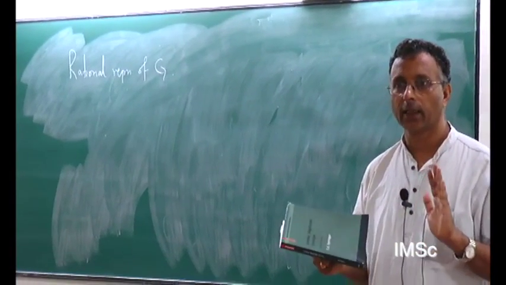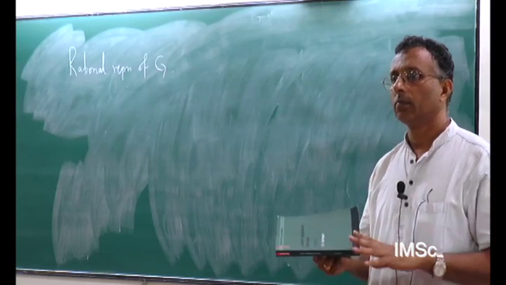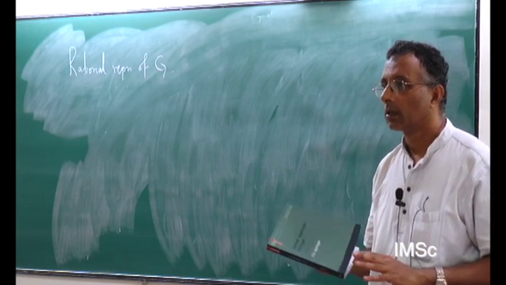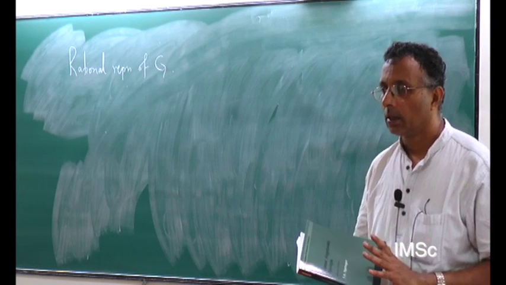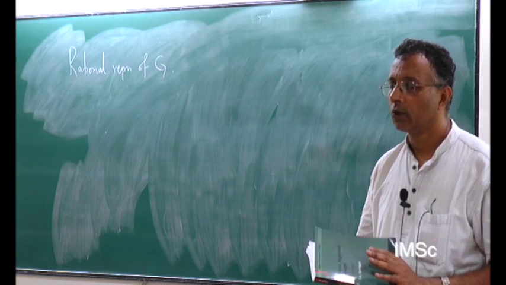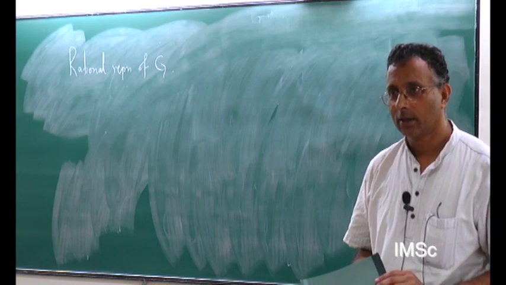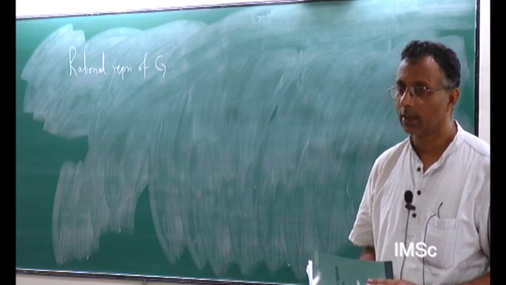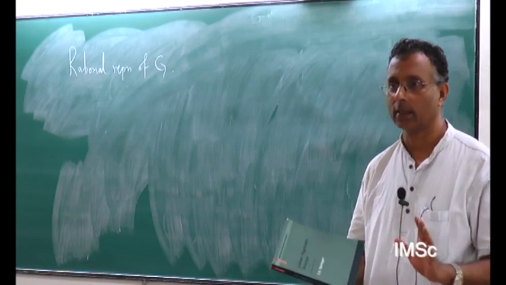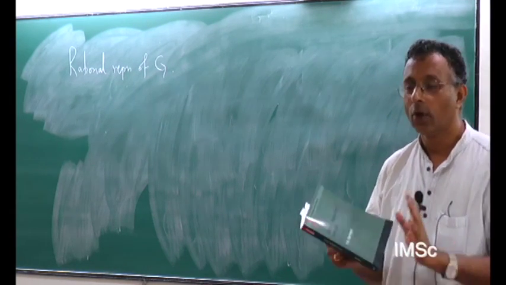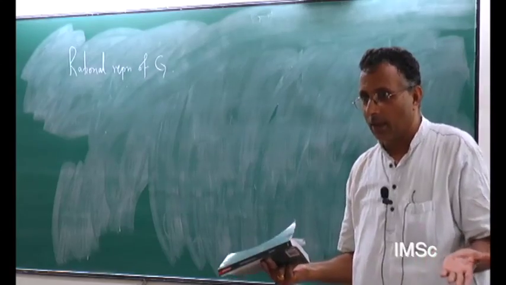Okay, the word rational is, I mean, you can ask, why isn't it called polynomial representation? Why is it called rational representation? Well, that's a historical accident. So what is a rational representation?